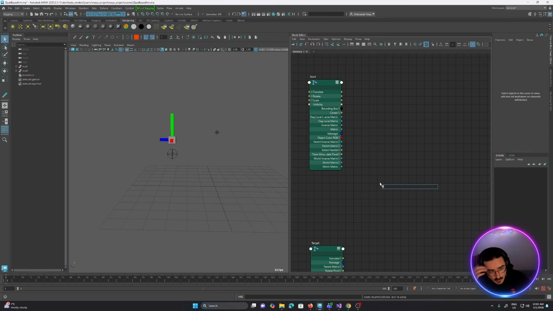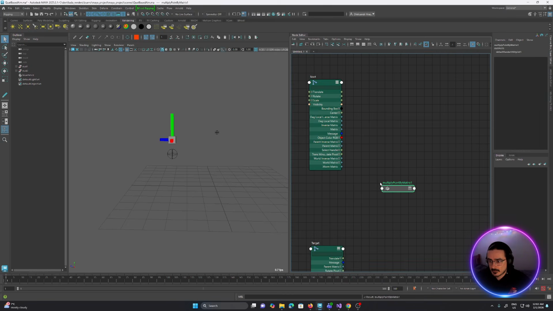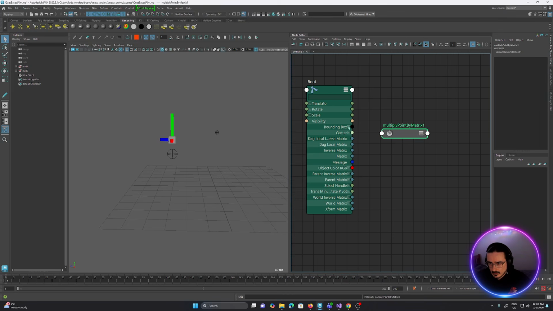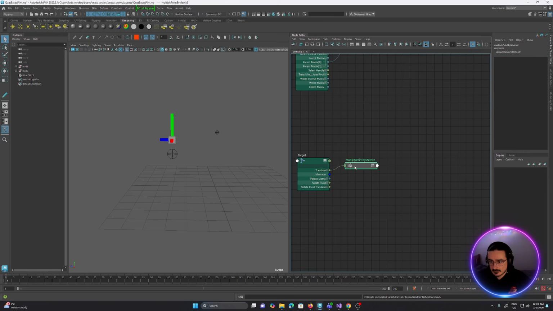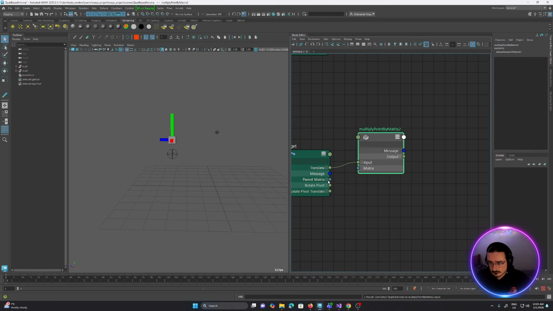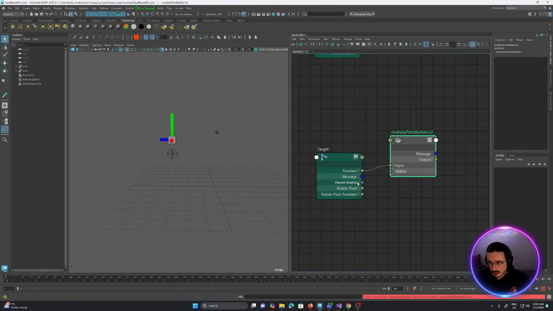And to do so, we would need to use multiply point by matrix node, and we plug the translate, and for the matrix we would use parent matrix for the root, and let's do the same for the target.